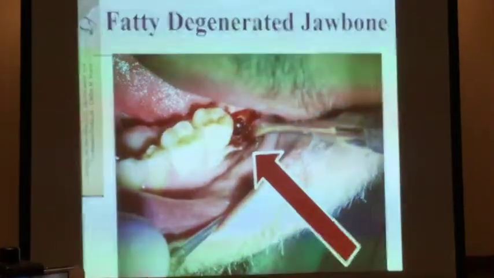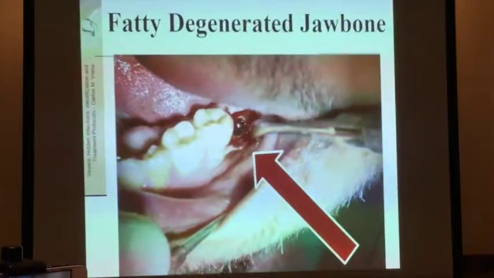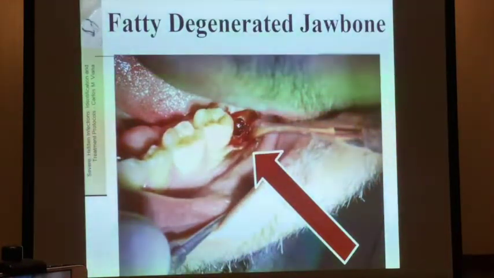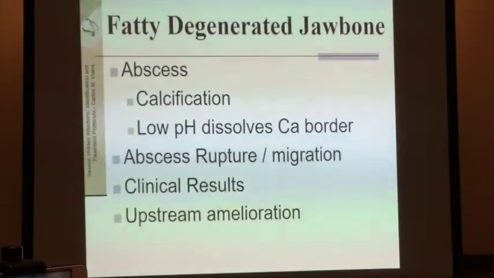The sides of the cavitation are deburred to introduce a healthy blood flow, and then it's ozonated to really extract and to sterilize as much as possible. We will then realize that this abscess, many times you don't see it on the OPG because it's not been calcified. The calcification has been melted away because the pathogens have such a low pH.